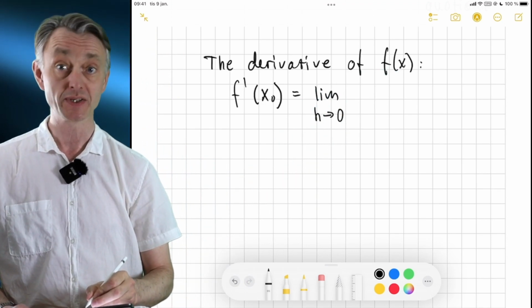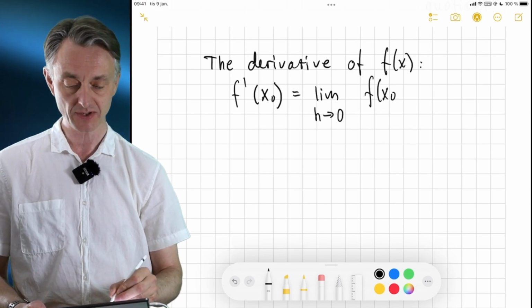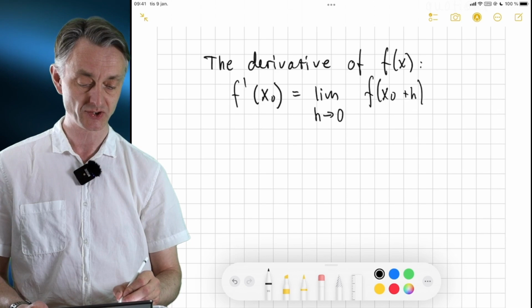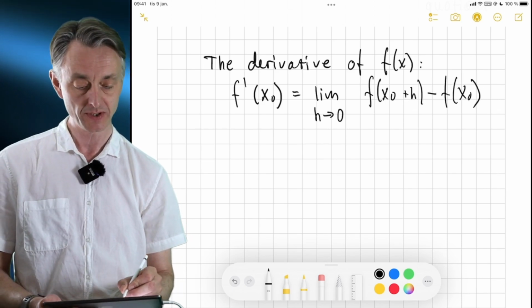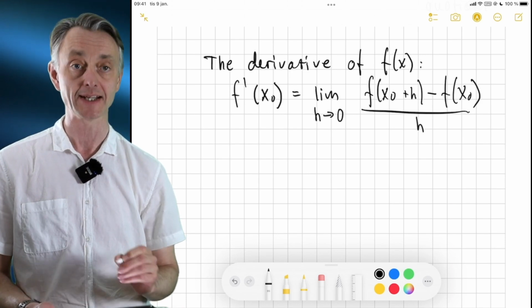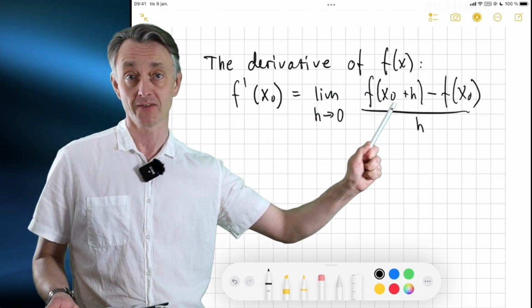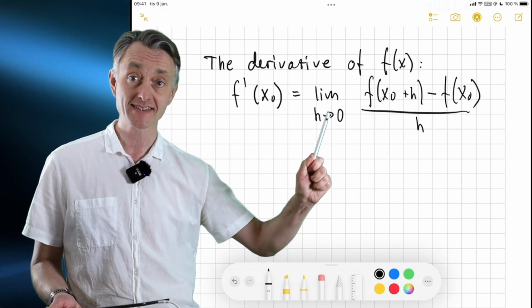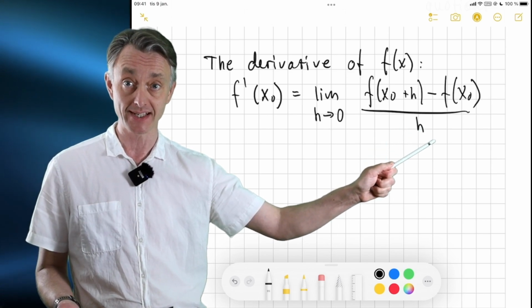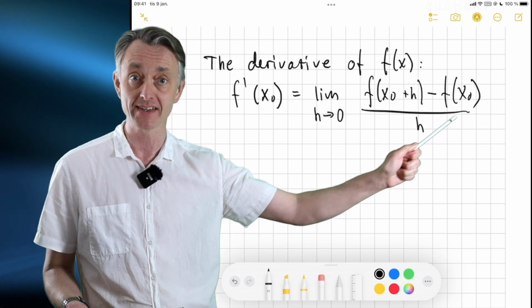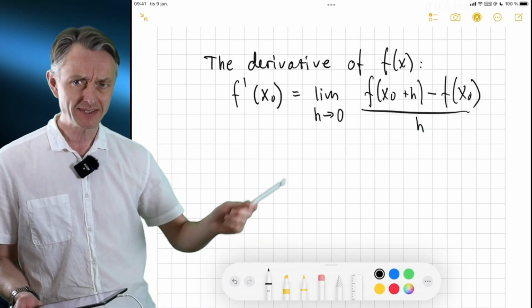And that is then going to be the Newton quotient, of course, f of x0 plus h minus f of x0 divided by h. And now you see why it says the limit value of this when h is tending towards 0, because h cannot be quite 0, since then this quotient is not defined, right?